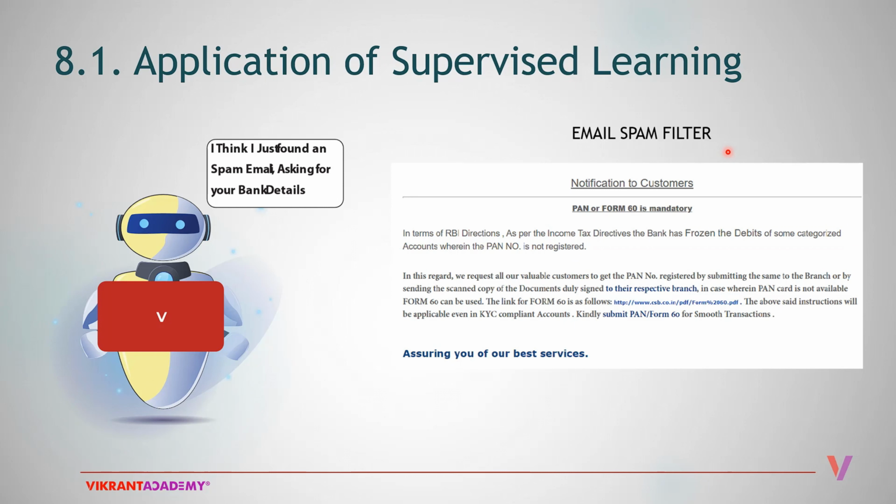If you get an email asking for a link, or for your money, or your account details, it goes to your spam, because the spam filter can recognize that. It is using artificial intelligence, machine learning, to recognize the set of data.